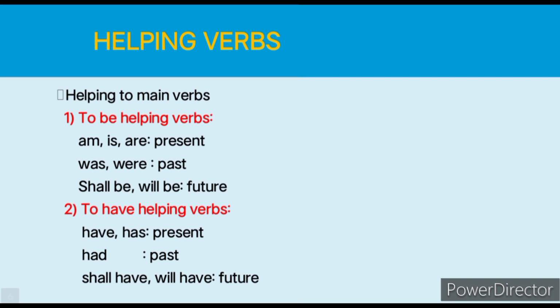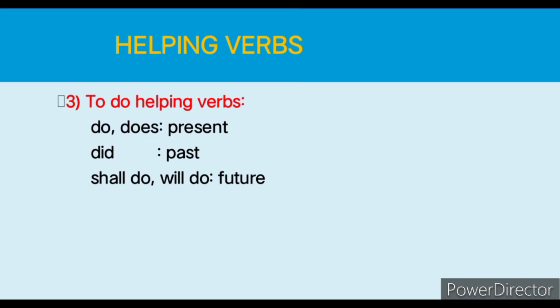We also have to have helping verbs. We use have, has in present, had in past, shall have and will have in future. Lastly, we have to do helping verbs: do, does in present, did in past, shall do and will do in future.